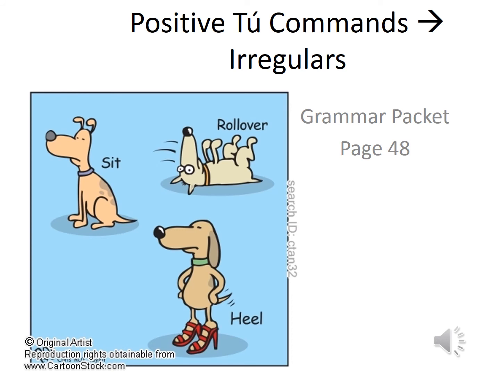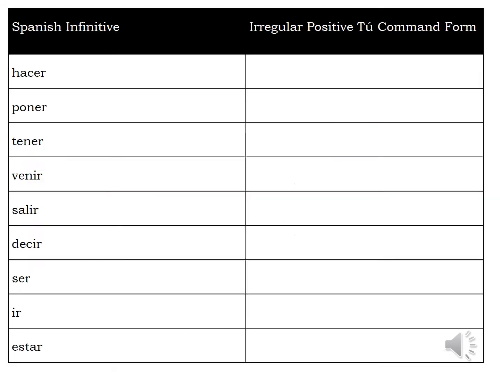Let's talk about our verbs that are very irregular in the command form: hacer, poner, tener, venir, salir, decir, ser, ir, and estar. The first several of these are yo-go verbs, and then the last three have a really irregular yo form.